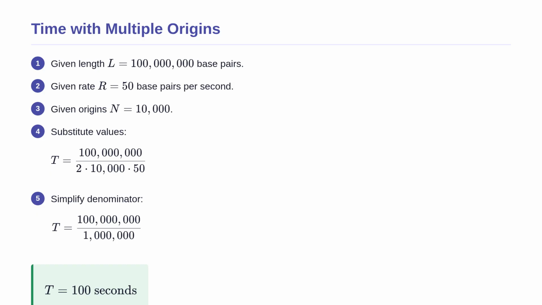The denominator becomes 1 million, which represents the massive combined effort of all the enzymes working simultaneously. Dividing the total length by this combined speed gives us exactly 100 seconds. Physically, this means parallel processing reduces copying time from days to under 2 minutes.